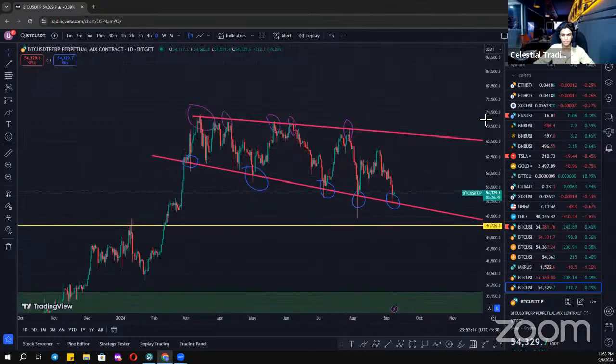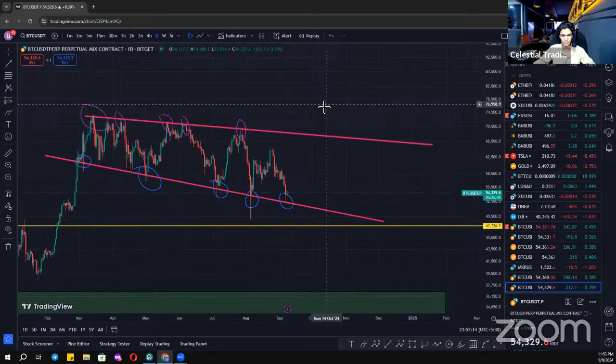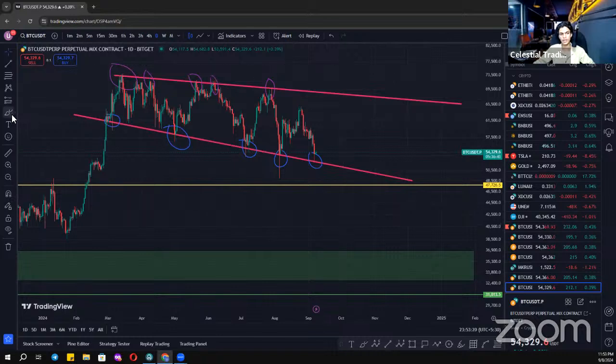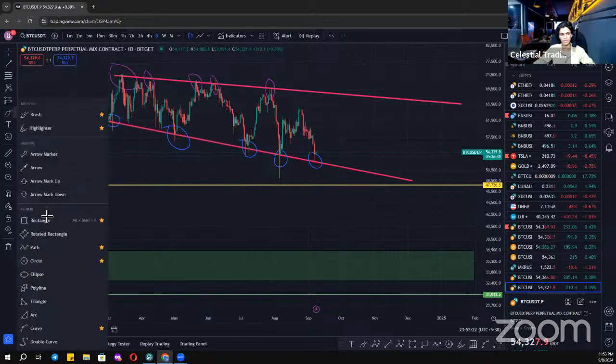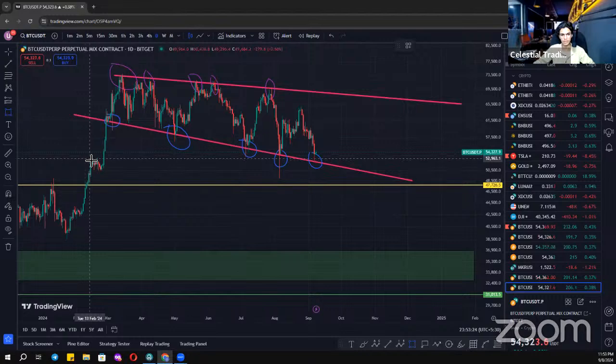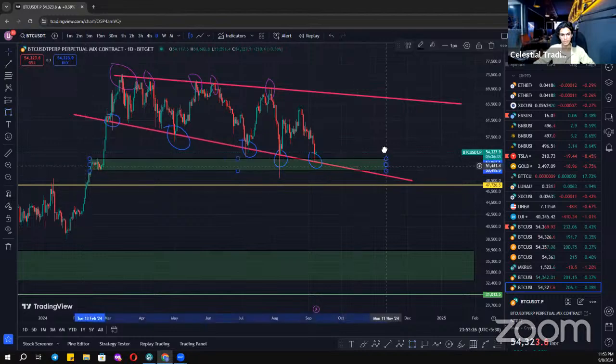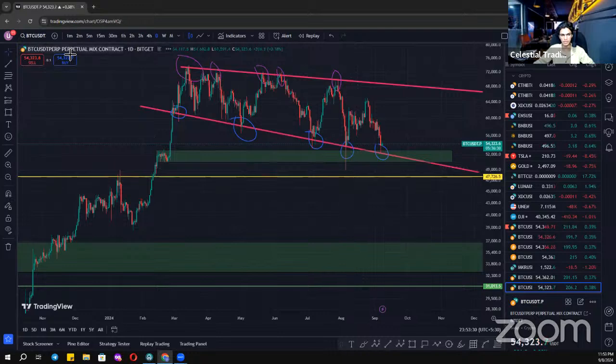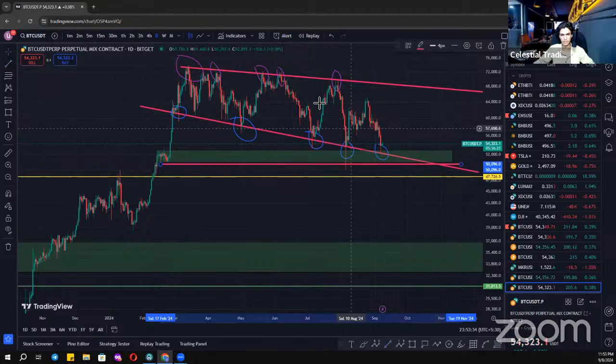Okay, these are the things that should be considered in the daily time frame. And for extra, we have a very good support over here, and the liquidity has been swept below this. Here you can see the liquidity was swept.